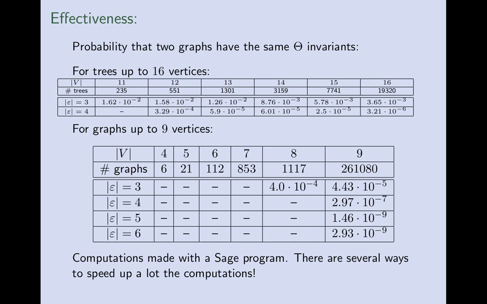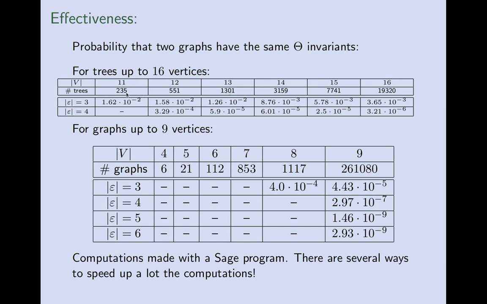I wrote a code in Python, or more precisely in Sage, to compute the, let's say, probability that two given random graphs on a given number of vertices have a dissimilarity more than a certain threshold. So, for example, here we're looking in this table at trees between 11 and 16 vertices, and here is the number of such trees.